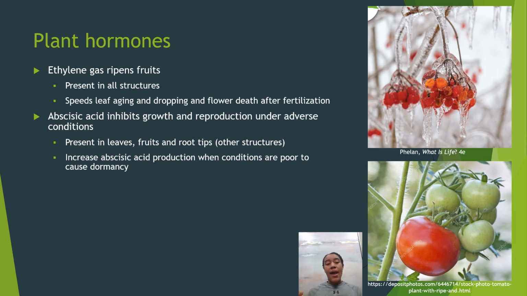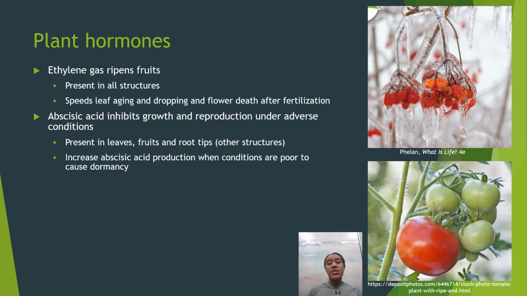When something like that happens, a plant might make this abscisic acid, which will cause the plant to stop doing what it's doing because those conditions are no longer optimum for growth. They'll go dormant for a little bit of time so that they're not wasting energy trying to grow and reproduce when conditions aren't facilitating that. And then after the conditions are right again, they'll remove the abscisic acid and resume growth.